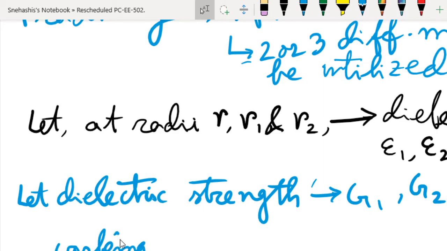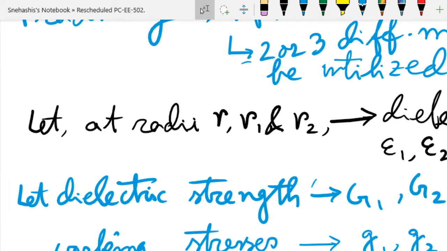Accordingly, the working stresses are chosen as small g1, small g2, small g3 respectively.